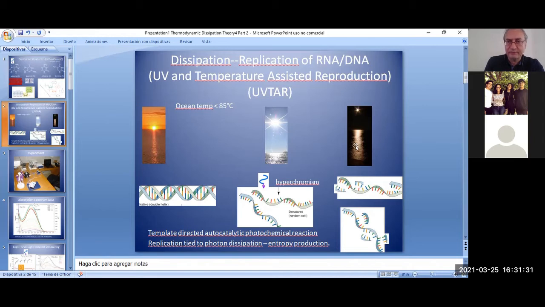So in total, we can have a difference of about 8 degrees centigrade at the ocean surface in the day compared to the night. So that 8-degree difference, or even if it's about a 5-degree difference, is enough to cause the effect of denaturing and renaturing, or forming the second strand from the segments of DNA at night.